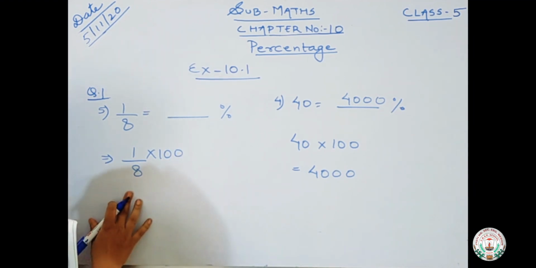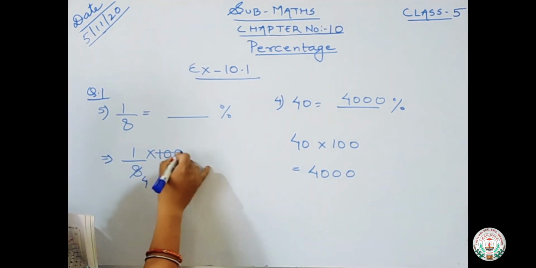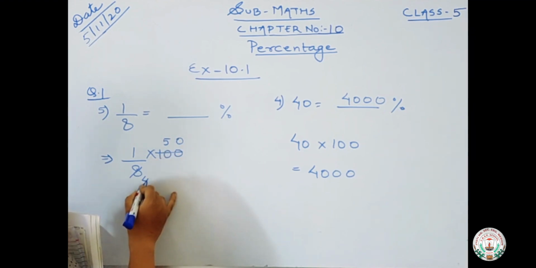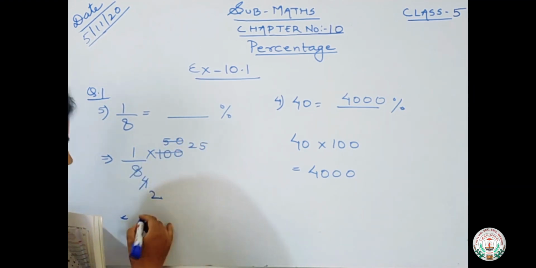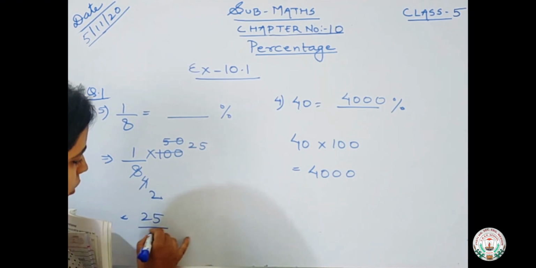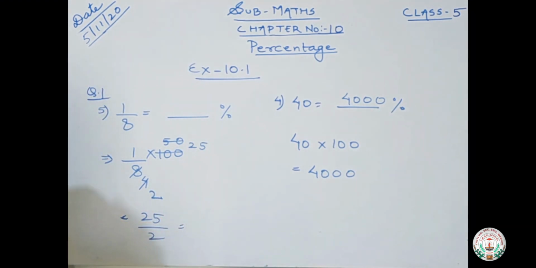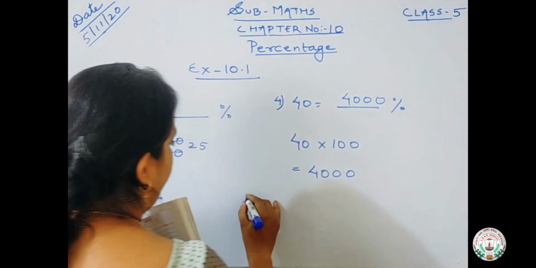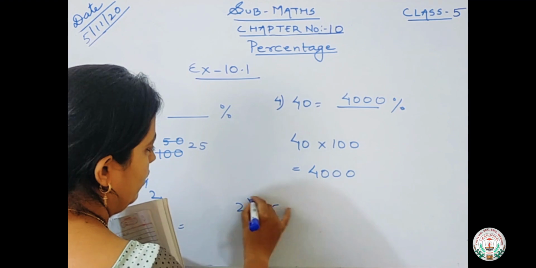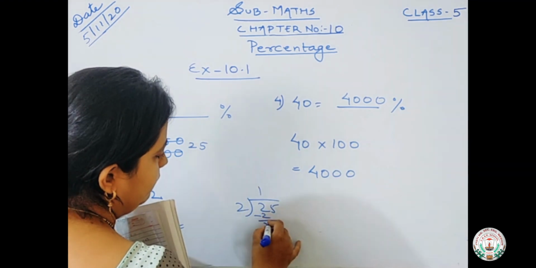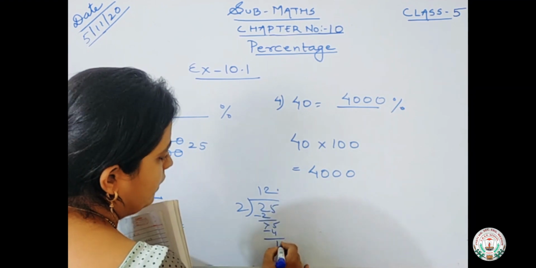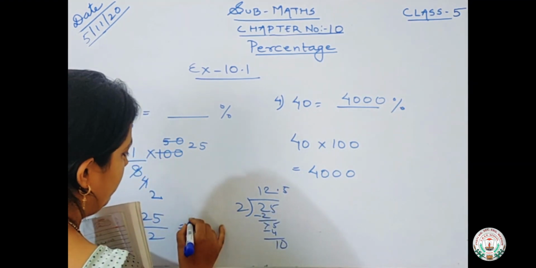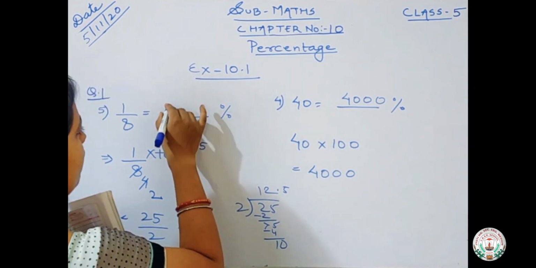This can be divisible by 2. 2 4s are 8, 2 5s are 10, 0 is 0, 2 2s are 4, so 25. 1 into 25, 25 upon 2. It can't be divisible further, so we will just divide it. 2 1s are 2, 2 2s are 4. We take one decimal, 0, 2 5s are 10. So what you get is 12.5.